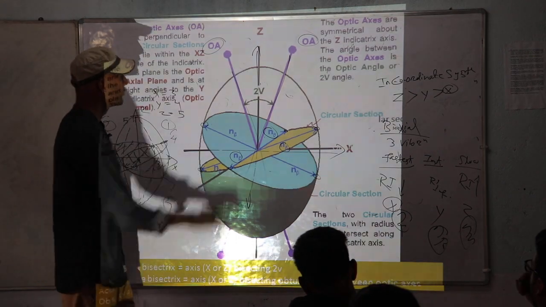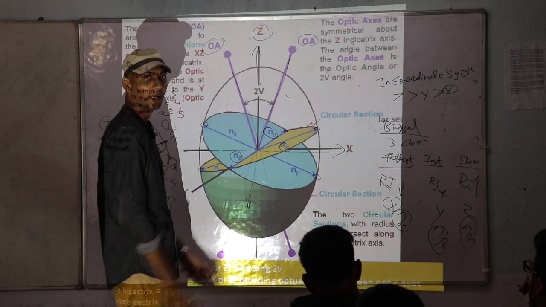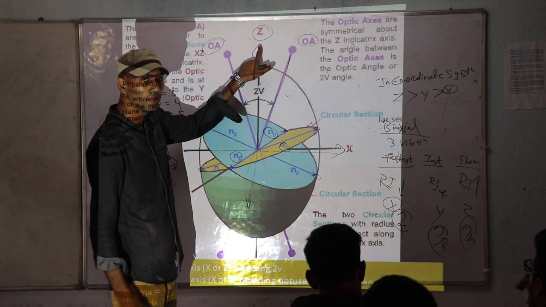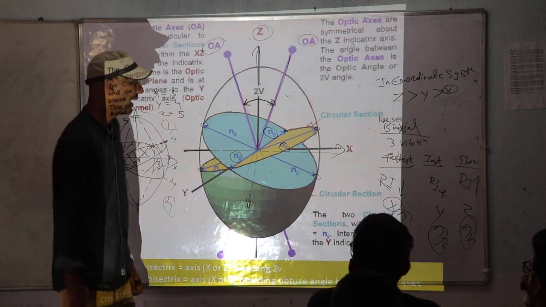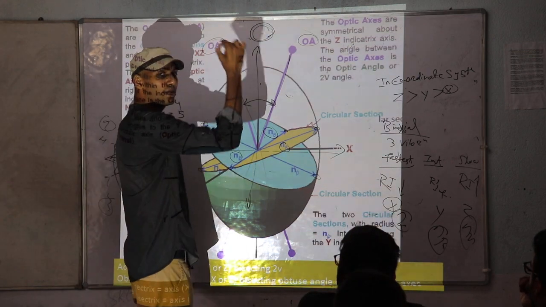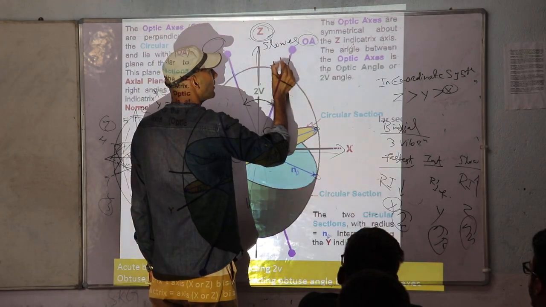Okay. Now if these two optic axes are closer to Z, that means the acute angle will be formed here and bisected by the Z. As I have told you, Z is the slowest, so the mineral is optically positive.